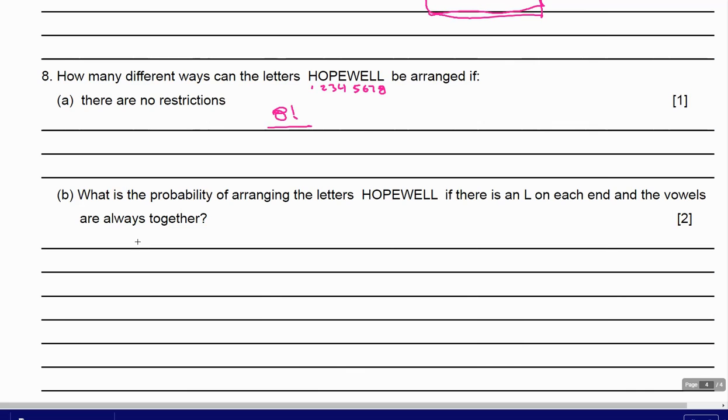So what's duplicated? Two L's. Anything else duplicated? Two E's. 8 factorial divided by 2 times 2.